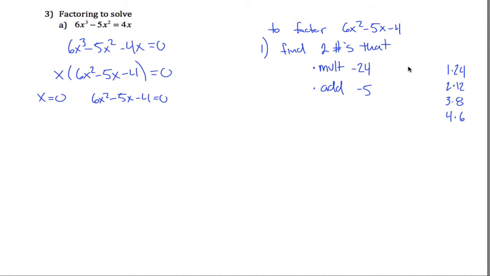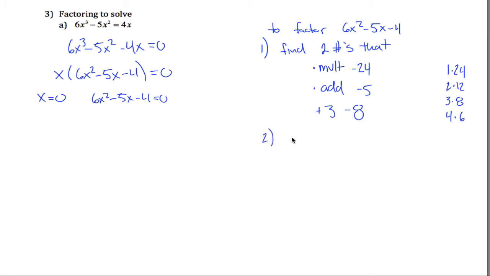If it's going to multiply to negative 24, I take one of these pairs and make one of the numbers positive and one negative. If I need it to add to negative 5, the only pair I can choose is this 3 and 8 here. I would have to make the 8 negative and the 3 positive, plus 3 minus 8. Here's two numbers that do that.